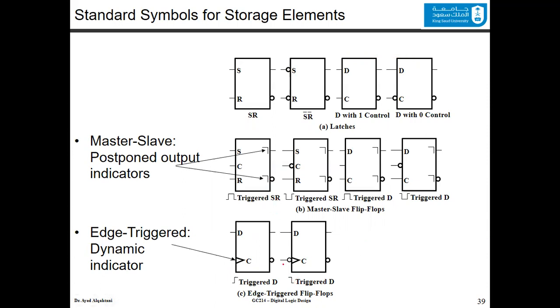So it's also indicated. I will try to redraw this here. If you can see the clock drawn like this, it means that it's a rising edge trigger or a positive edge trigger. If you see this one here, then it means it's a negative edge trigger or falling edge trigger flip-flop. Also, you can look at it without having this sample. If you see a bubble or you don't, you can distinguish between the types of the flip-flops.